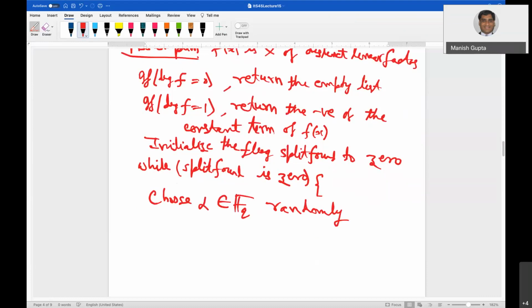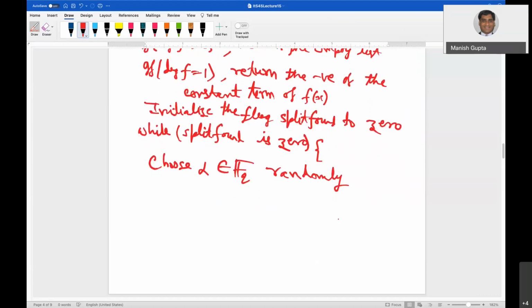So what will happen? We choose alpha randomly and we do the calculations. Sometimes we get a trivial factor, so we can ignore it, or sometimes we fail to split, and sometimes we will get a non-trivial factor. So for some alpha we will get our job done. So compute g of x equal to (x plus alpha) raised to power (q minus 1) by 2, minus 1, mod f of x.